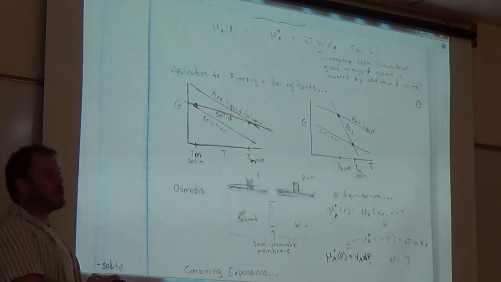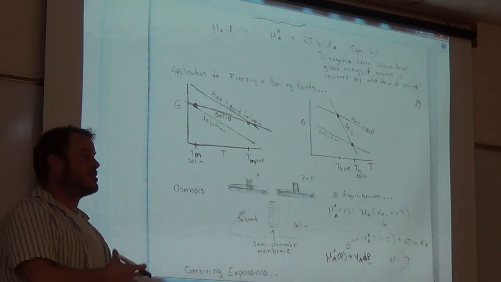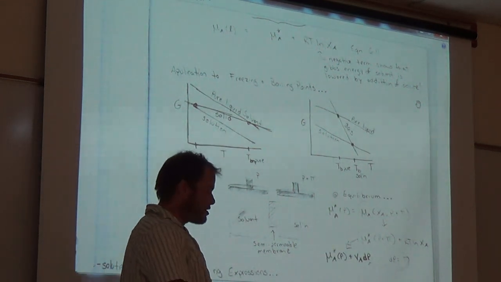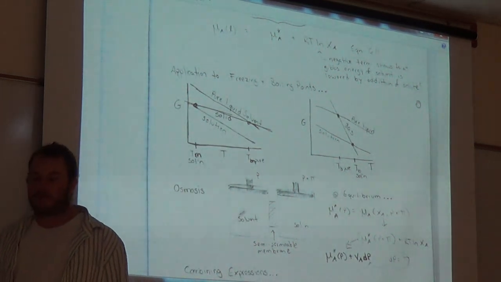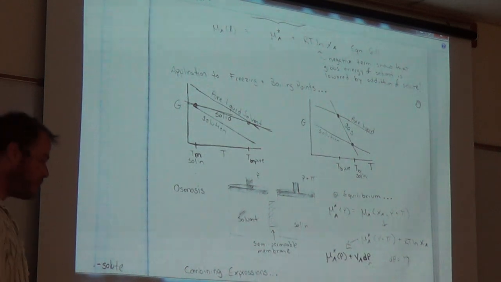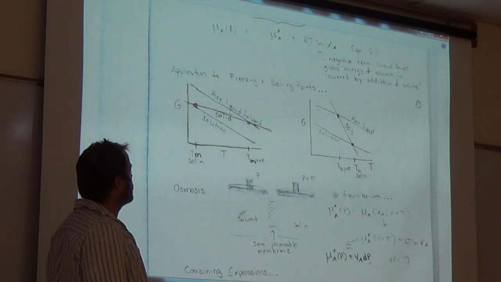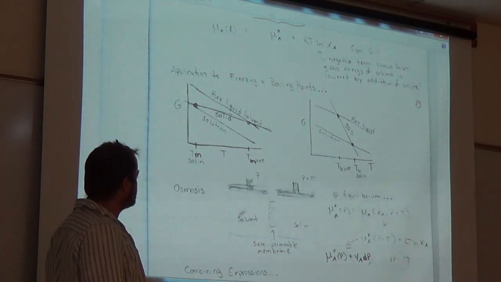This means that the melting point has lowered. This means that in order to get this to freeze, we're going to have to bring it down to even lower temperatures than we would for the pure liquid.